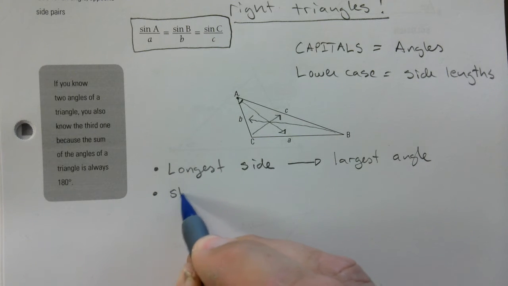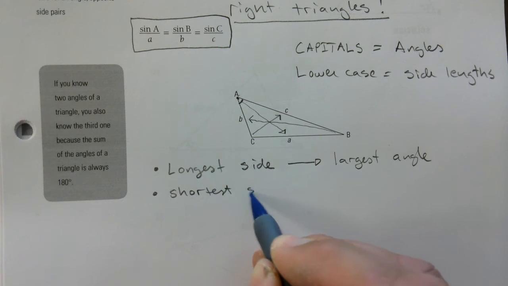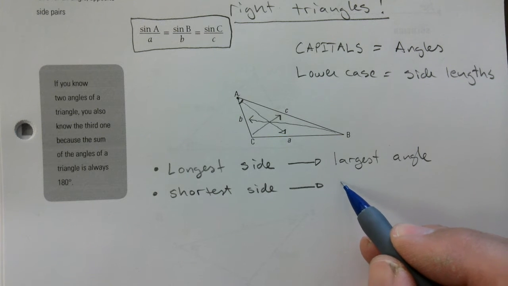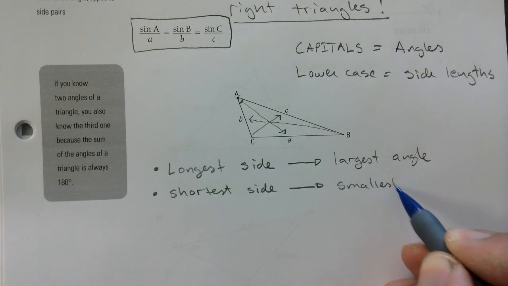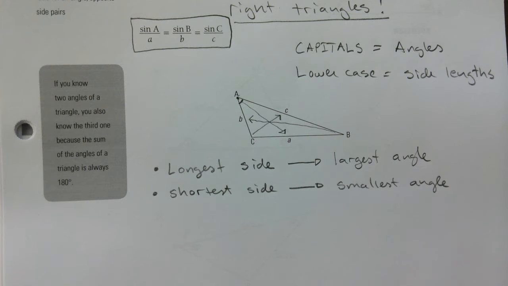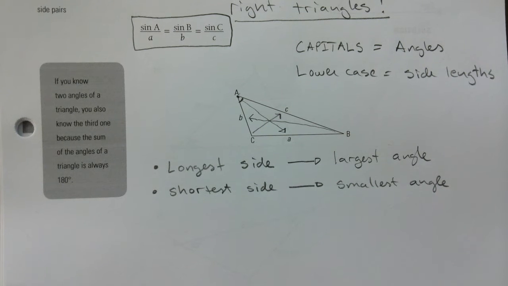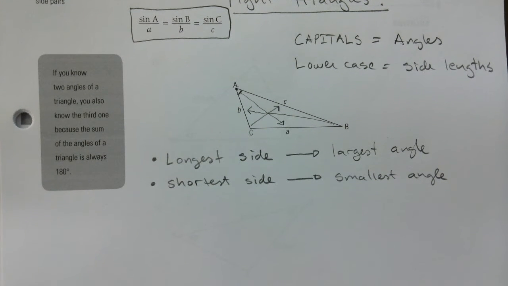And so the shortest side, this is actually a neat property because you can double check your answers, right? The shortest side will be across the smallest angle. That's just a property. Okay. That's all I'm going to say for this page.